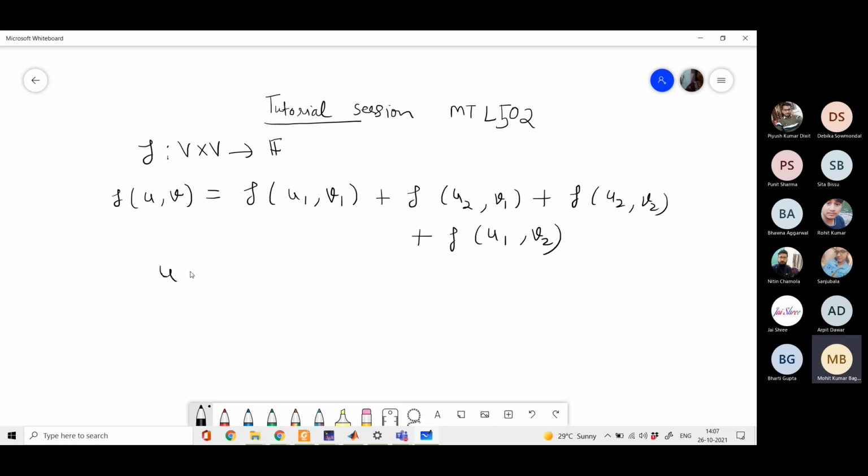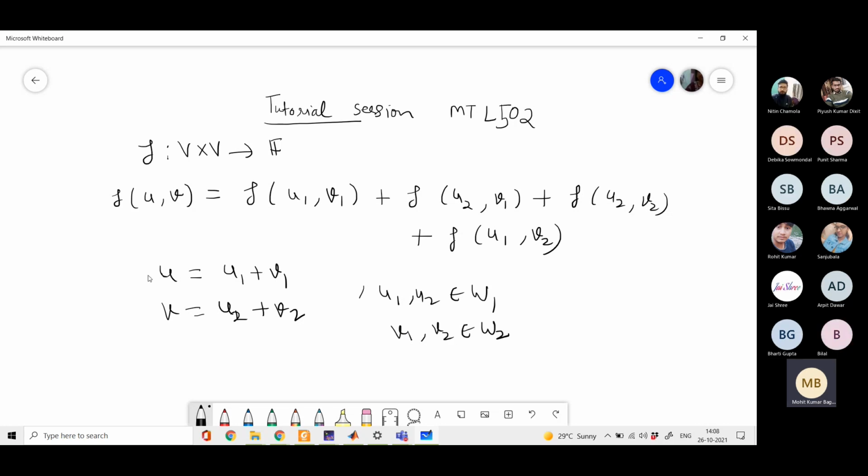Basically what I was trying to say, you can write this vector u as u1 plus v1, and this vector v as u2 plus v2, just not to confuse with the notation, where u1 and u2 come from W1, and v1 and v2 come from W2. You can write any vector u as u1 plus v1, because V is given to you as the direct sum in this way.